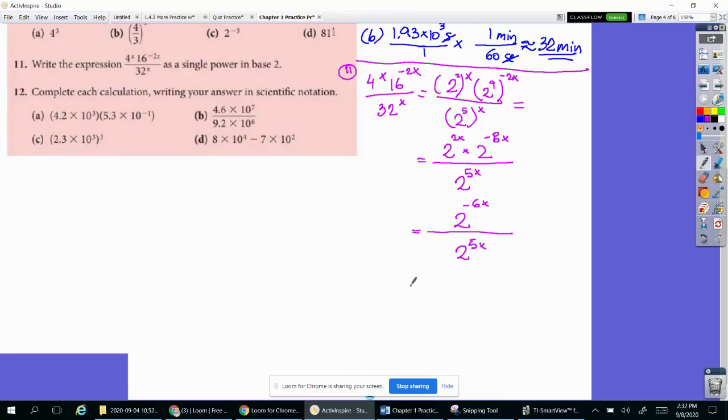Now the quotient rule tells us that when we're dividing powers that have the same base, we're going to subtract the exponents. So let's do that. Negative 6x minus 5x equals 2 to the negative 11x. Now, to rewrite this with a positive exponent, we would write it as 1 over 2 to the 11x.